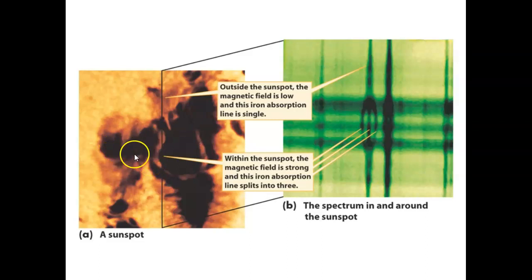If we look at the regions that are dark within that sunspot, we can actually see that the magnetic absorption line goes from being a single line on the regions outside where there's not a lot of magnetic activity to a split here. And that's because of that rotation of the sun causing that magnetic line to break apart into multiple lines. So this really shows astronomers that there's a correlation between our magnetic field and the sunspots that are created on the surface of the sun.